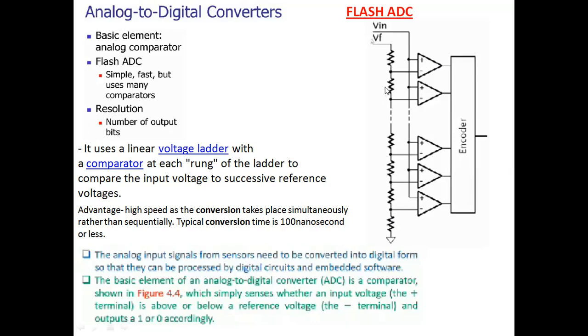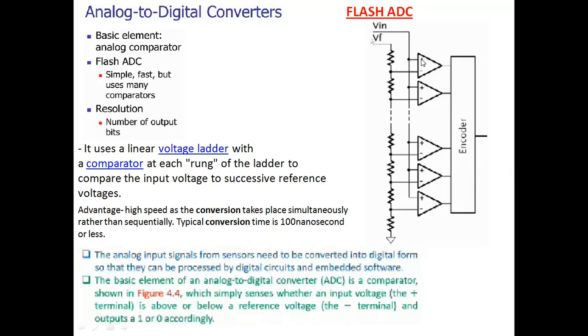So regarding the working, suppose the applied analog input voltage Vin is equal to 3 volts. This 3 volts is applied to all the non-inverting terminals of the comparators, as I'm showing here.